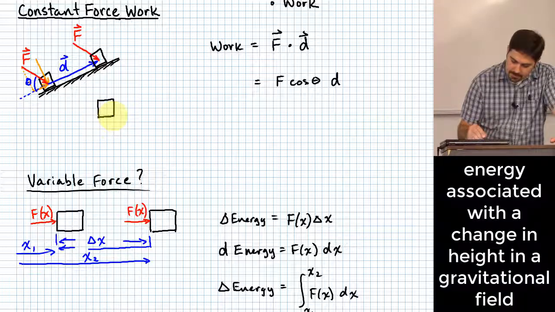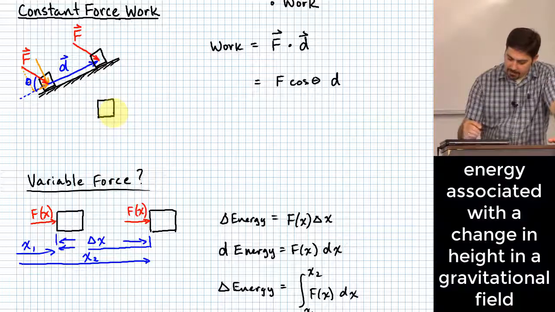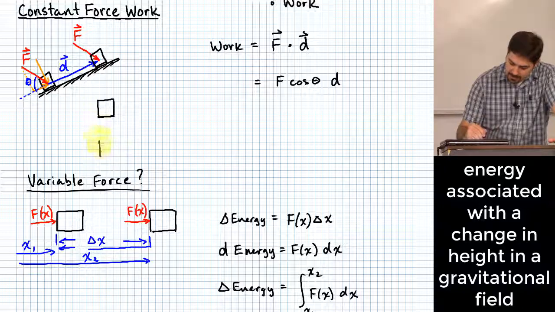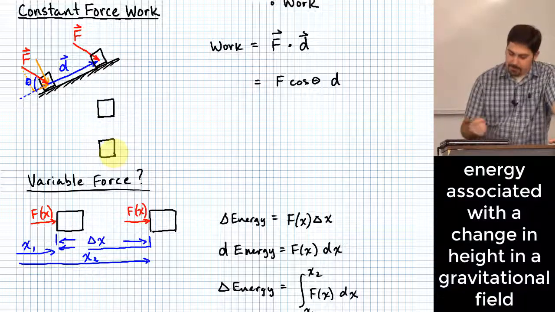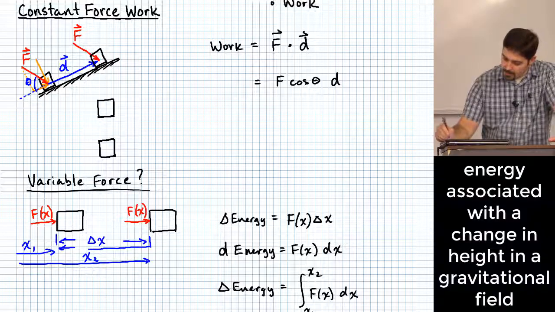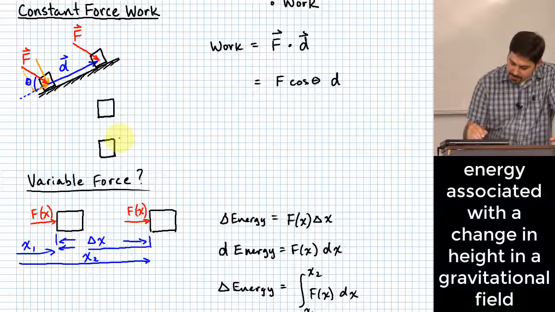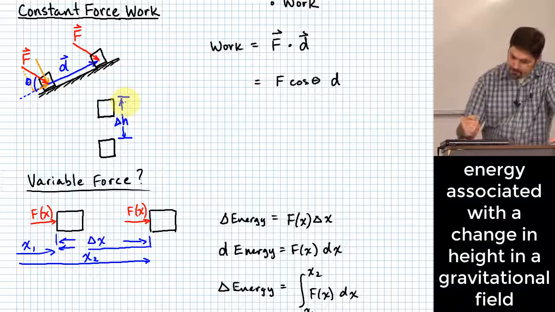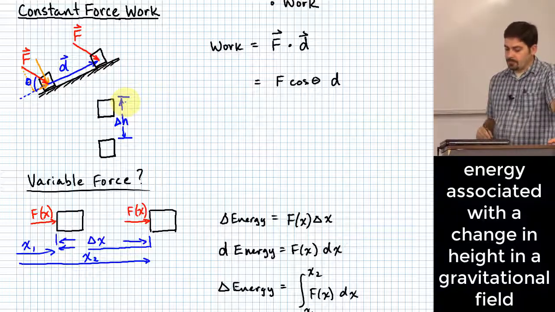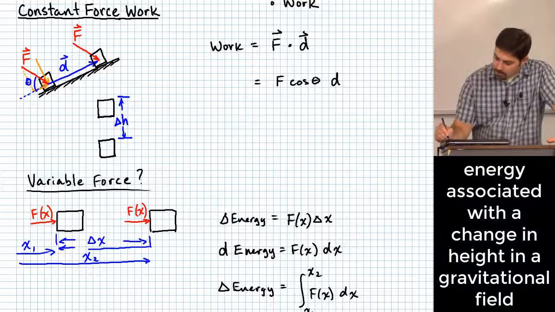So in other words, at one point in time, the body might be in one location. Another point in time, the body might be in a different location. And you end up with a difference in the amount of height, right? So delta H. Well, how much force is pulling on it?